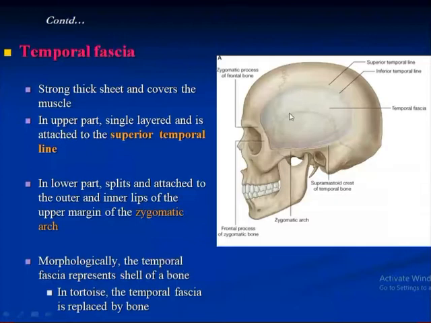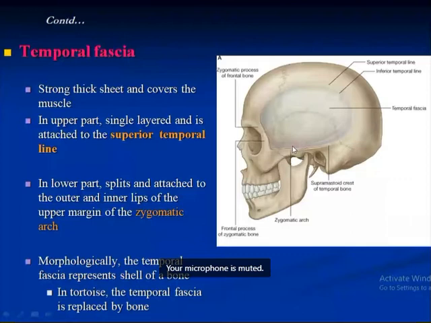This temporal fascia is single superiorly, but when it comes downward, in the lower part it gets split and is finally attached to the outer and inner lip of the upper margin of the zygomatic arch. So this is the temporal fascia.